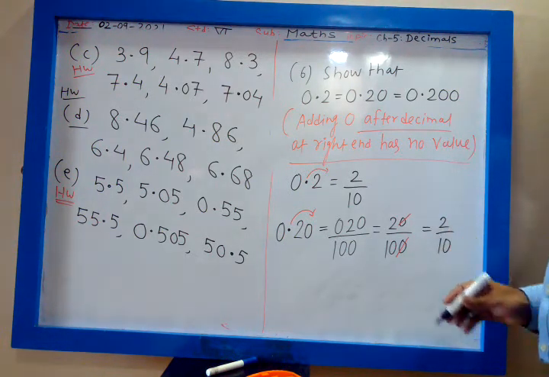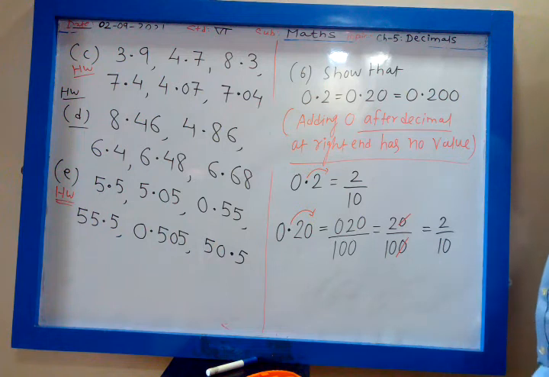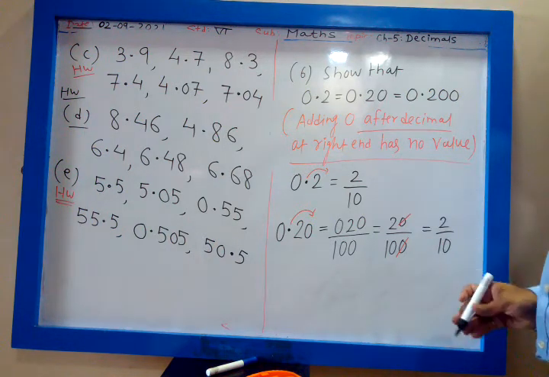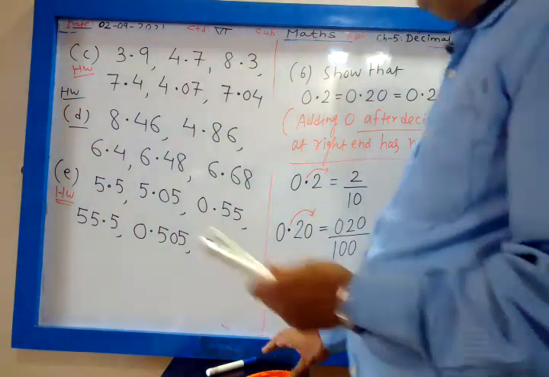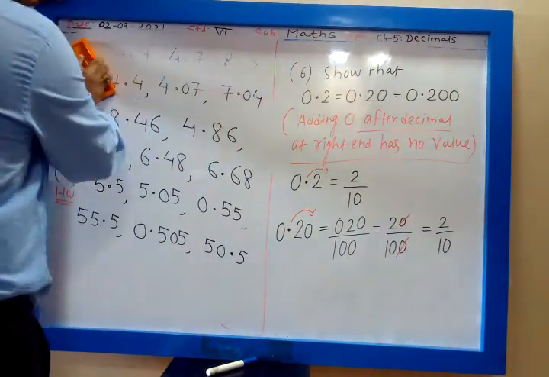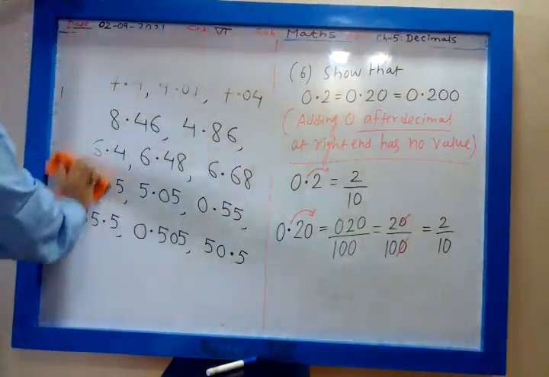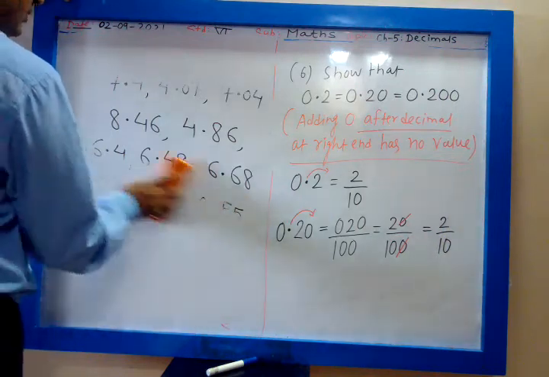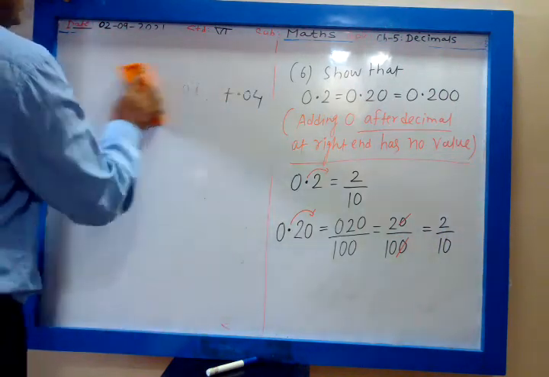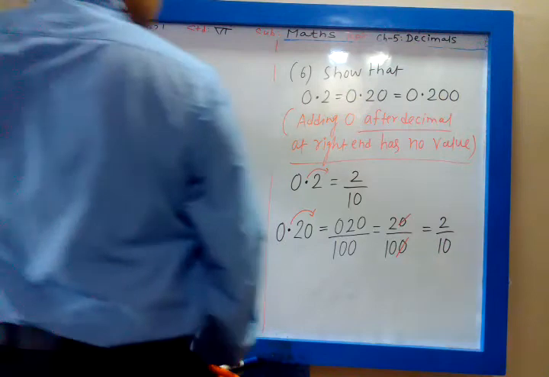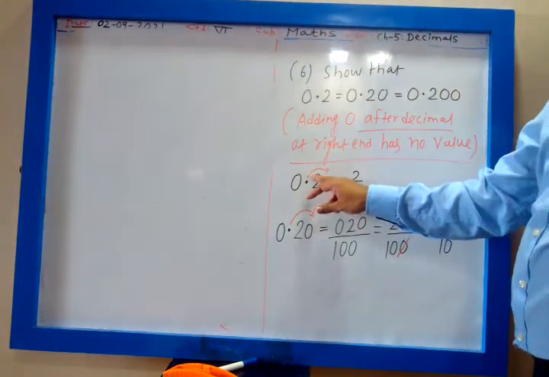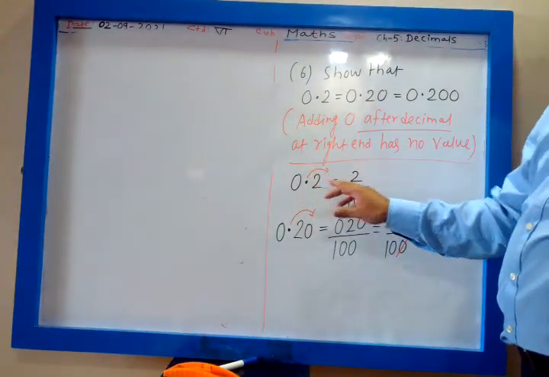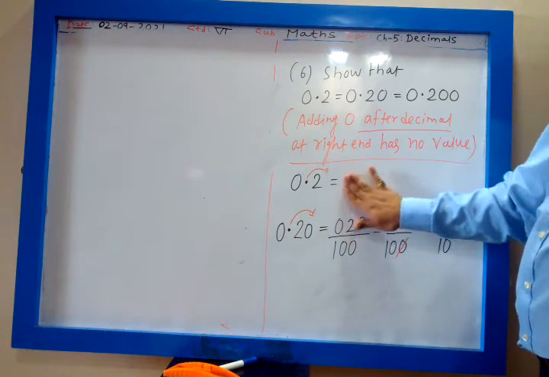We leave it as 2 upon 10. So whenever you remove the decimal, see 0.2, we are removing the decimal. Let me write one more step.